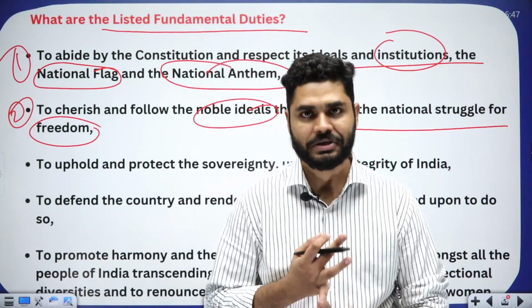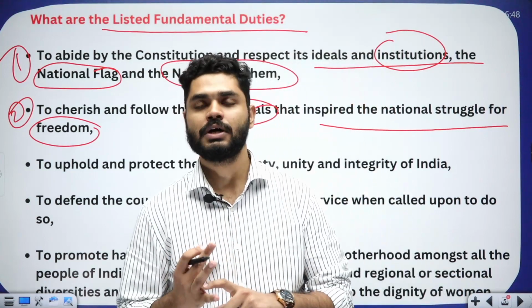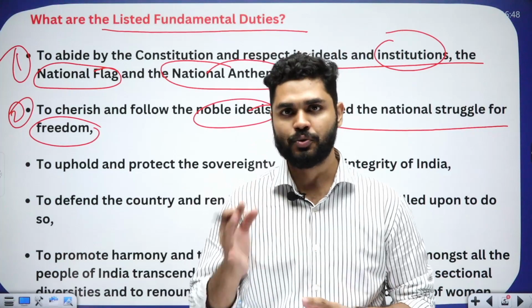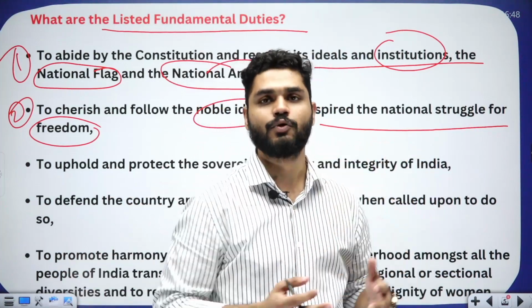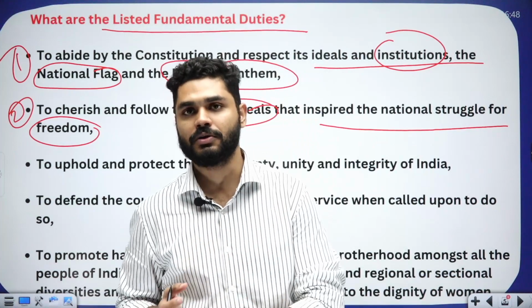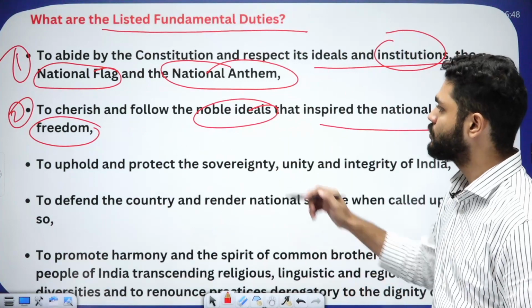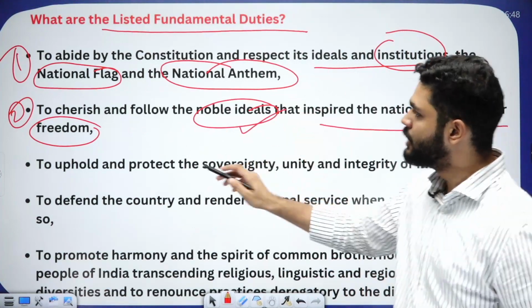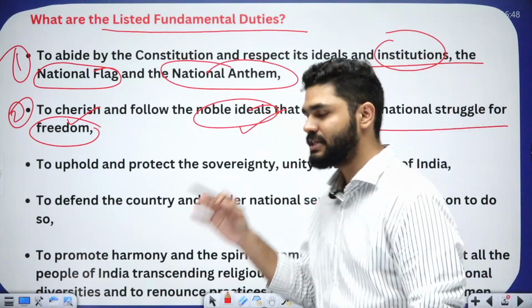Broadly, that was cooperation between different communities. Broadly, that was non-violence, the mark of ahimsa shown by Mahatma Gandhi and the leaders who are the forefathers of this country. All those noble ideas, be it the charkha and everything, need to be cherished and followed. This is a fundamental duty.